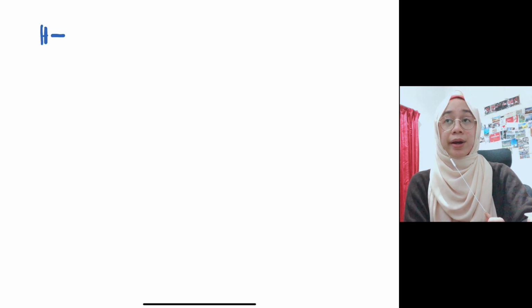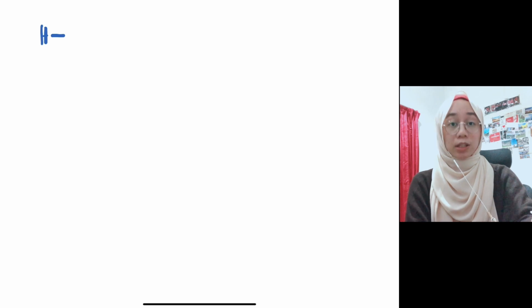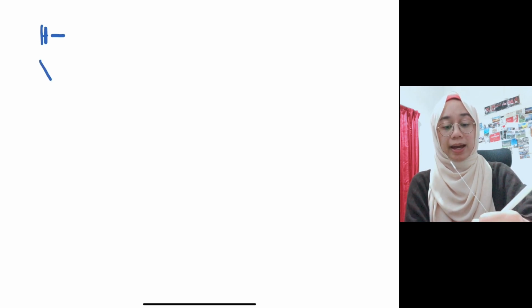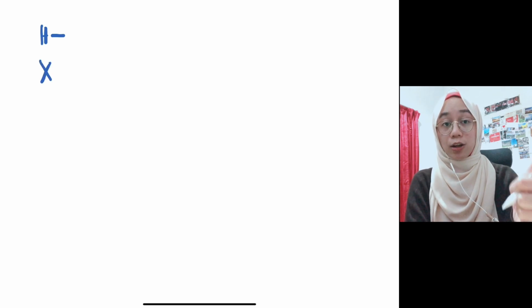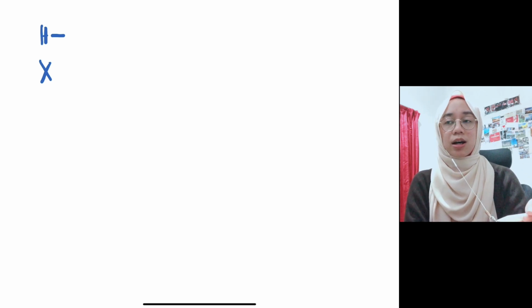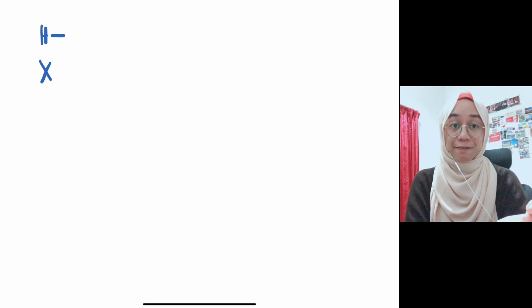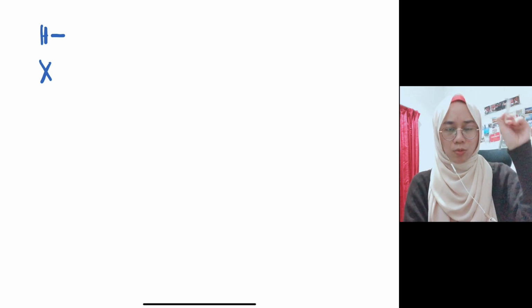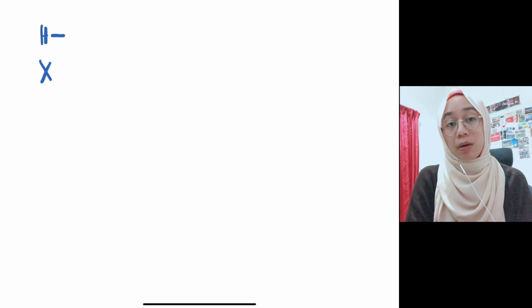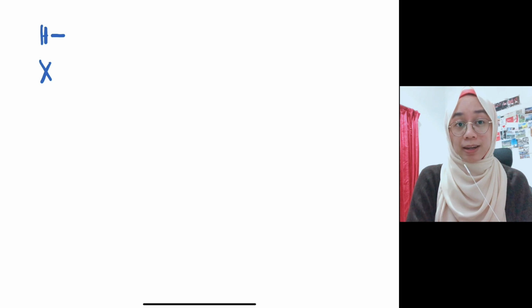Whereas kalau kita punya halogen pula, Miss letak sebagai X lah halogen. Halogen boleh jadi chlorine, bromine, iodine and so on. Kalau halogen dia ada 7 kan valence electron. Kalau kamu buat Lewis dot structure, ada berapa banyak unpaired electron yang kamu dapat?